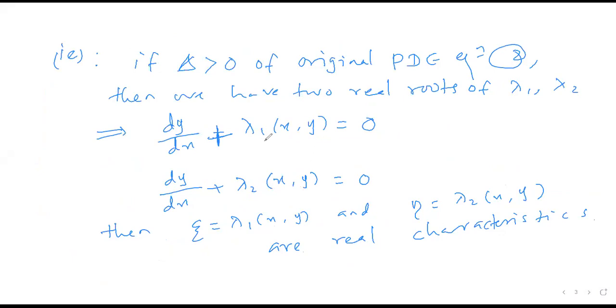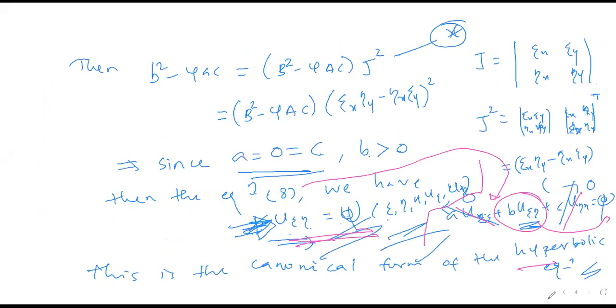The first root, lambda one, we take as xi, and the second root as eta for our hyperbolic case. Using A and C equal to 0, the final answer for the hyperbolic case is u_xi eta is equal to chi. It's our final canonical form. So go through it again and understand again.